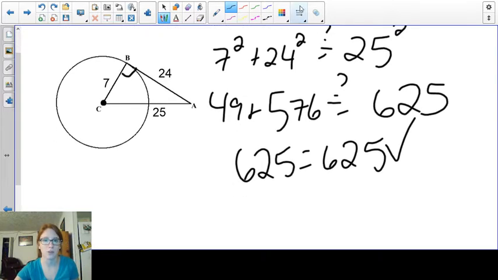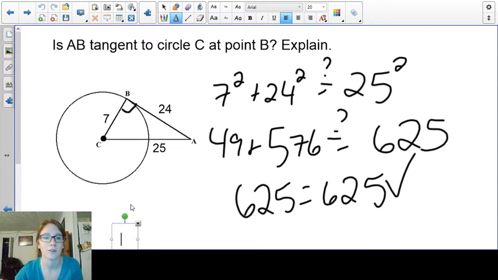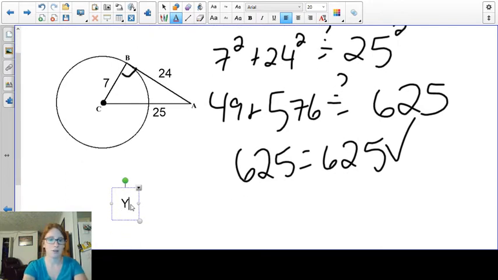So what I'm going to say down here, and I'm going to type it because I can type faster on here than I can write, and you'll be able to read it easier. Is it tangent? Yes.